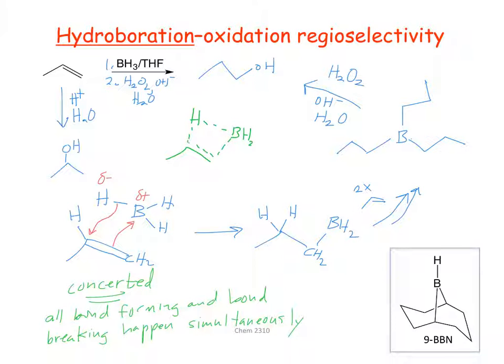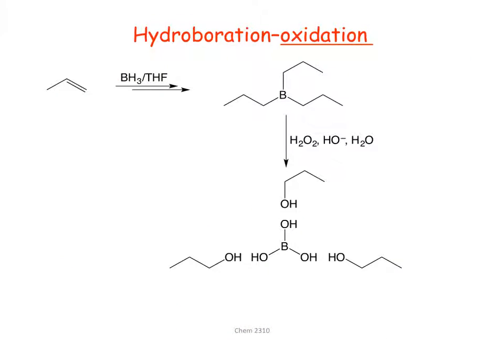So in this process, if we start forming the bond to boron first, we're going to end up with a delta plus at this position. It doesn't form a full carbocation, but we form some delta plus, and that delta plus is more stable when it's at the more substituted side. So I'd like you to know the mechanism for this first part of the reaction, but we won't really do a mechanism for this second part.